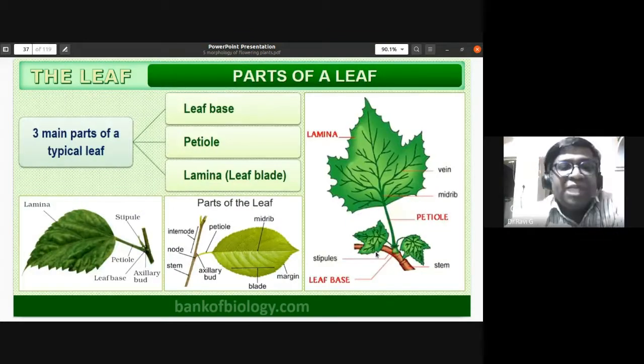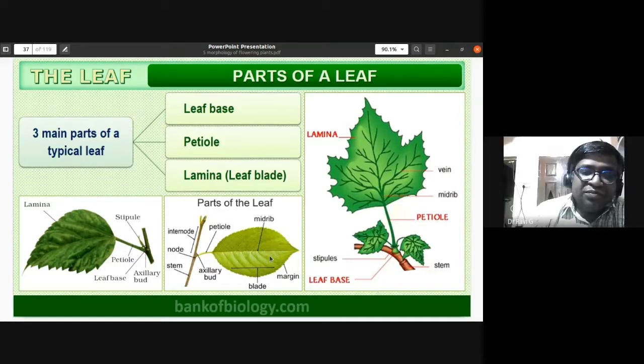So the three main parts of a typical leaf are the leaf base, petiole, and lamina or leaf blade. For the parts of a leaf, you can draw any one diagram. The one in the first slide is sufficient. It is the leaf of Daswala, that is hibiscus.